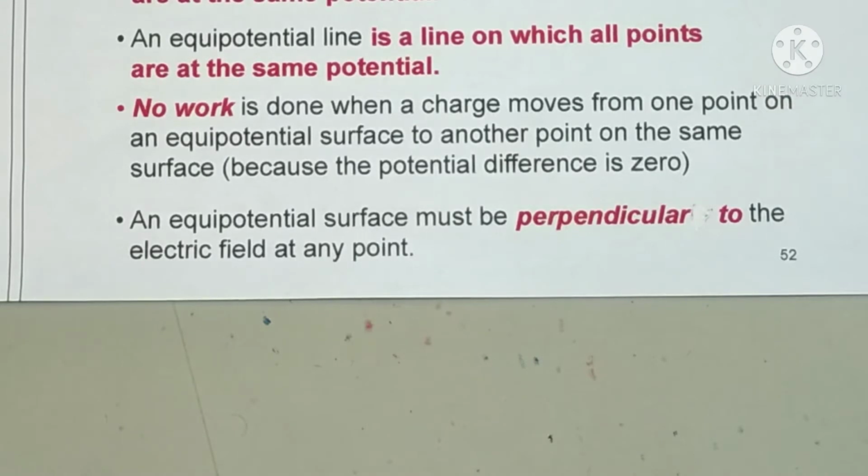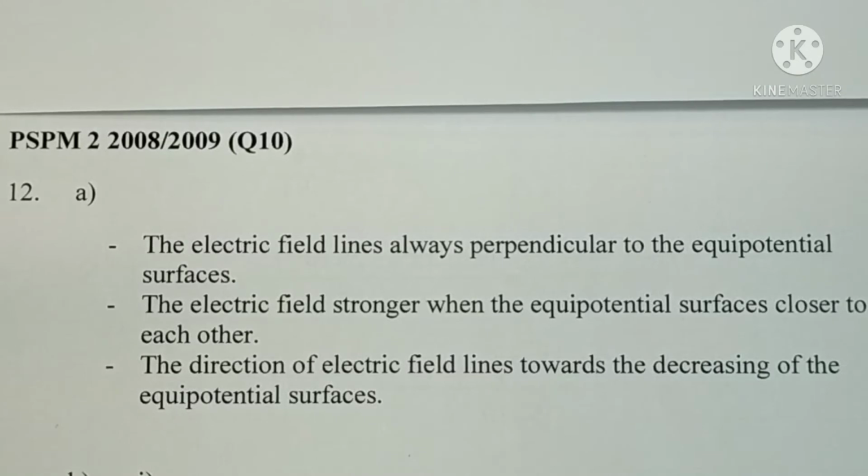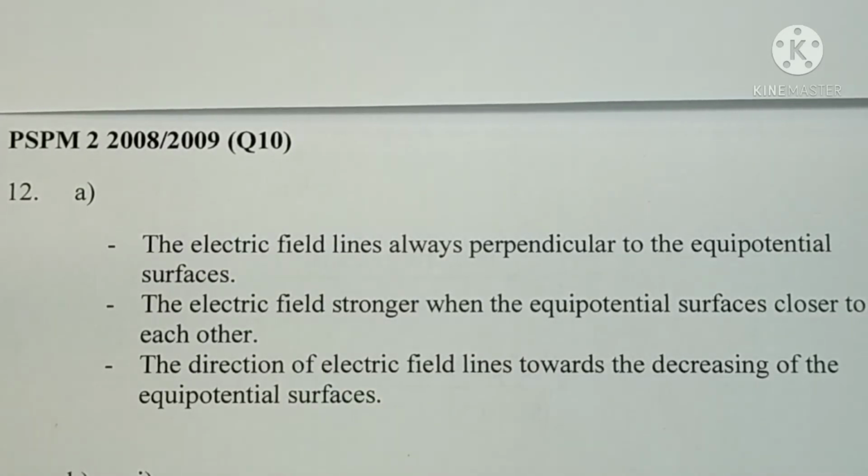You have 2 options to answer section A. The first option is you can explain these 3 points which I already explained before, or you can choose these 3 points as option 2: the electric field lines are always perpendicular to the equipotential surfaces. The electric field is stronger when the equipotential surfaces are closer to each other. And the final one, the direction of electric field lines is towards the decreasing equipotential surfaces.